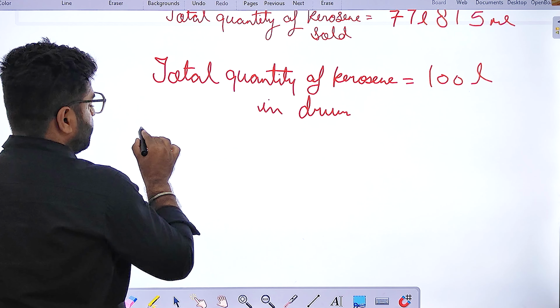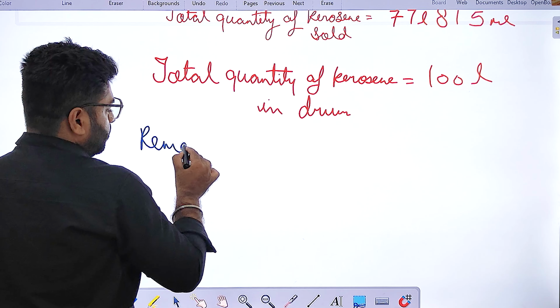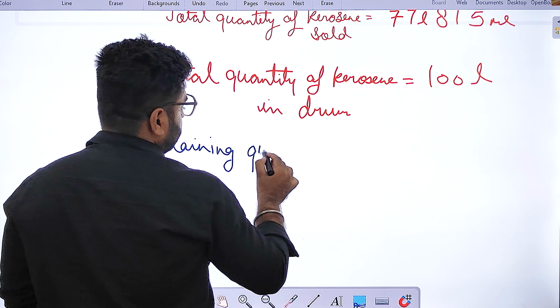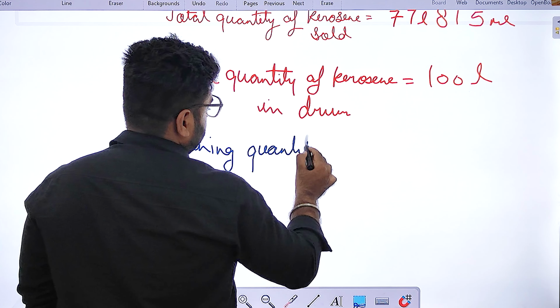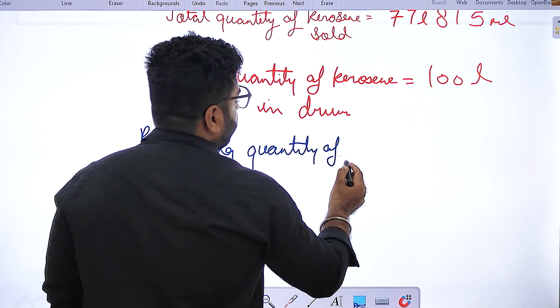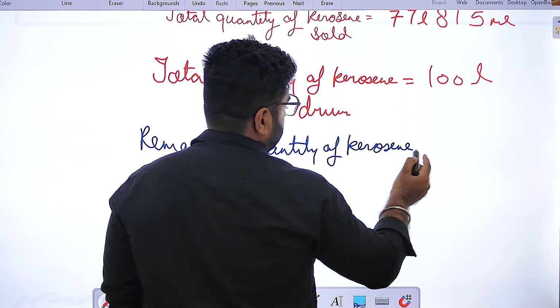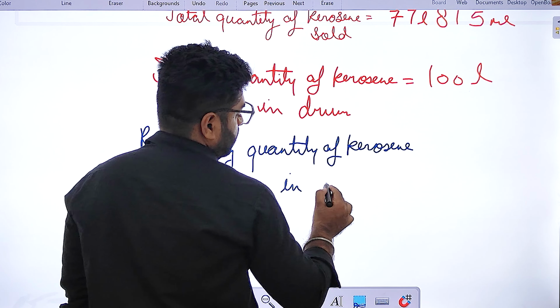Now we have to find out the remaining quantity of kerosene in drum.